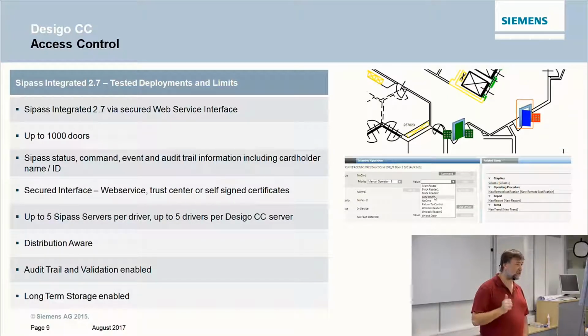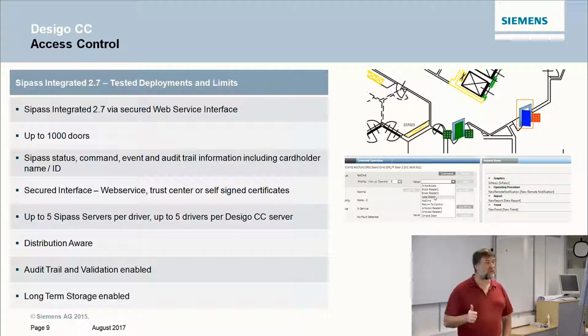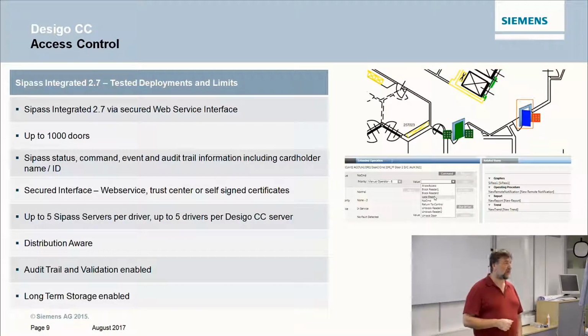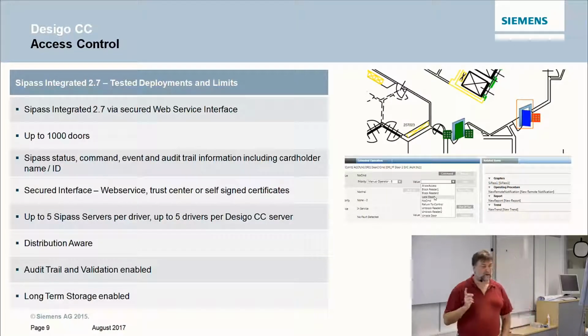And this one has major benefits. Number one, it is very easy to set up. You don't even need help. You enter exactly two data: the URL of the SiPass server and the credentials of the user you log in with. That's it. Auto-discovery of all the objects, structuring of the objects, permissions, everything set automatically. So very easy to set up.